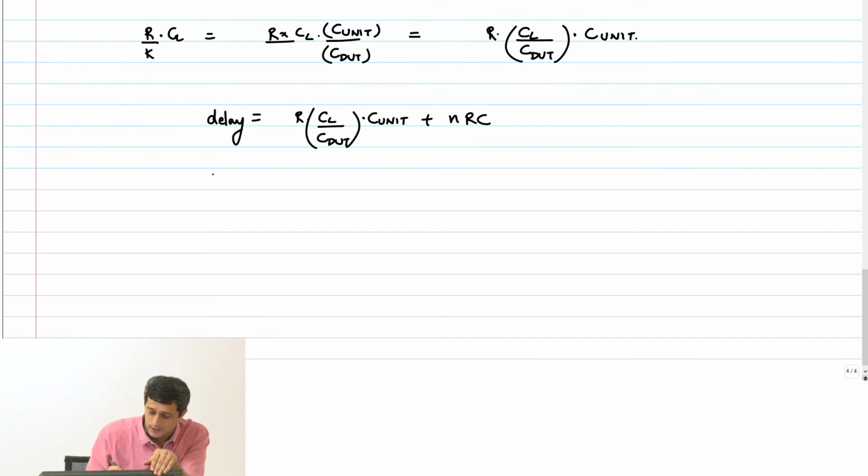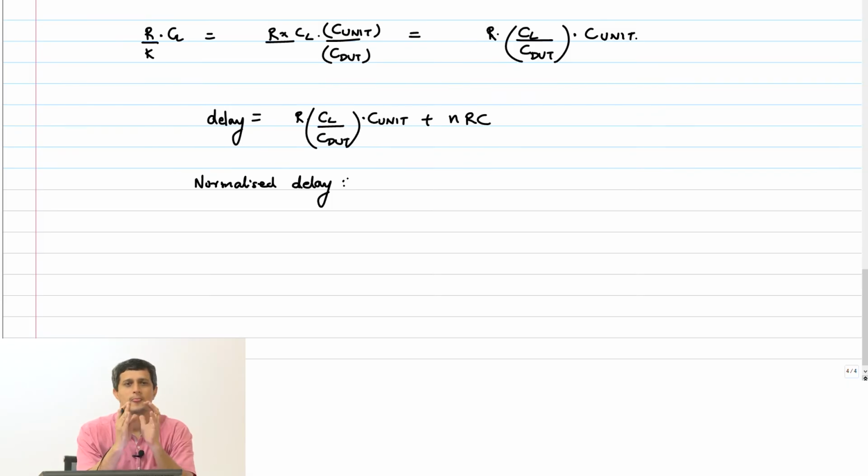So now, to get the normalized delay, why normalized delay? Because it's enough if I characterize just the inverter. In a new technology, if I characterize the inverter and get the delay, then all the other delays are fixed if I normalize to the inverter delay, right?